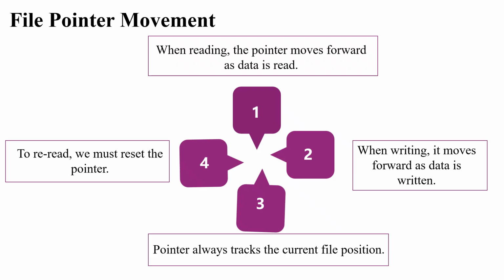It's like reading a book, your finger moves along with the words as you read them. And the second thing is when you write data, the same thing happens. The pointer moves forward as you add new information, just like a pen moving along the page while writing.